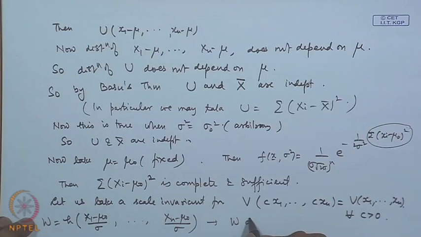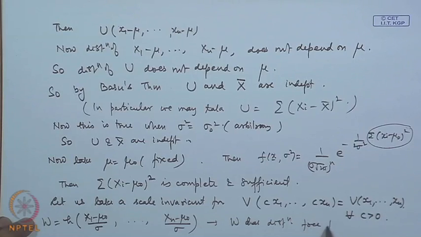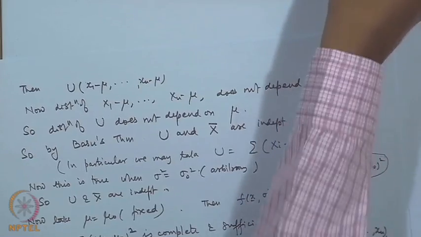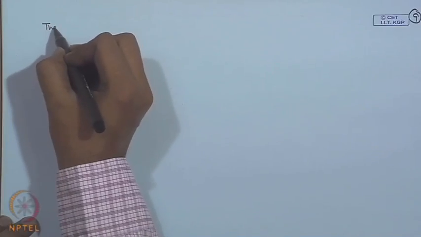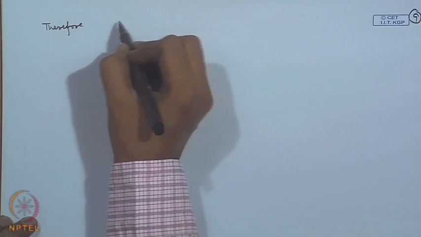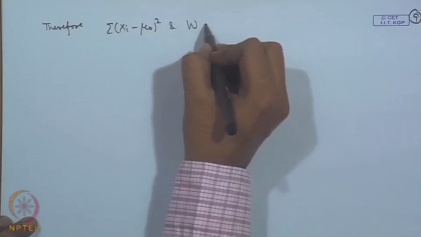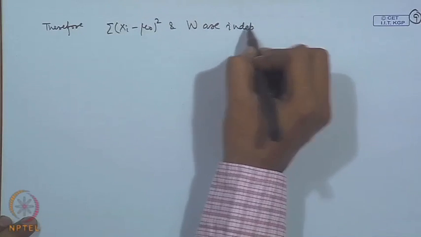Then w has a distribution free from sigma, because the distribution of x I minus mu naught by sigma is normal 0 1. So, this has distribution free from sigma, and therefore sigma x I minus mu naught square and w are independently distributed.